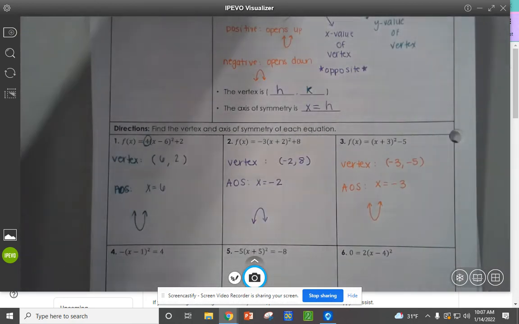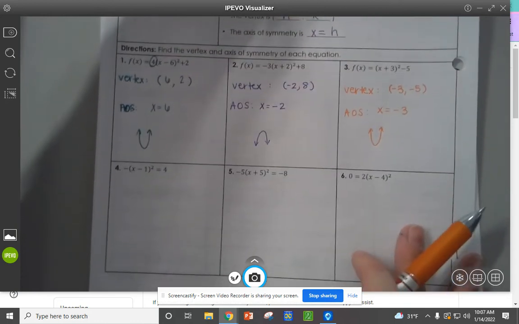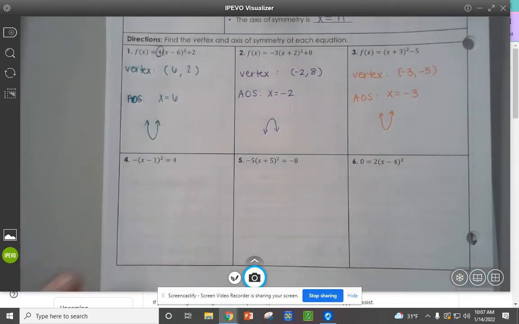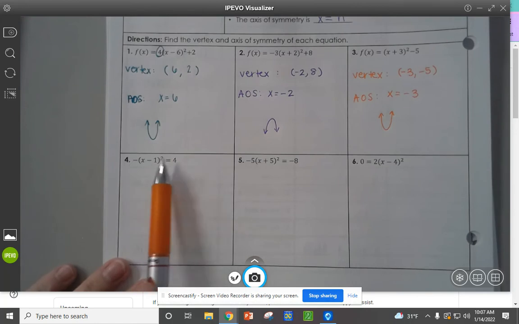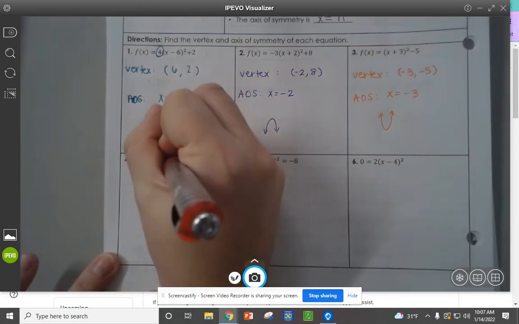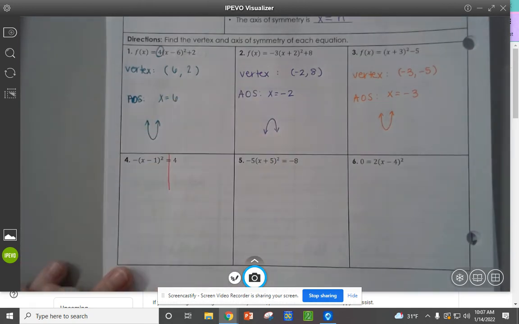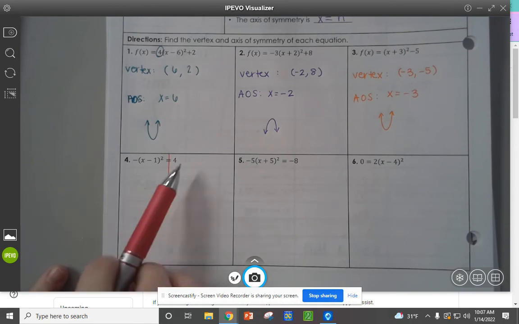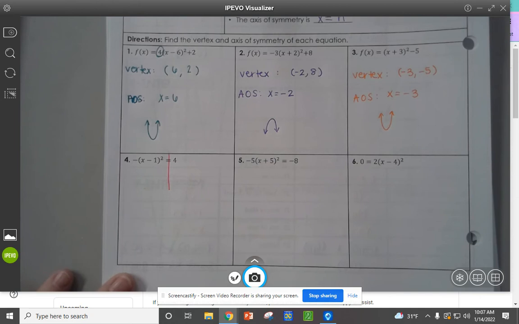Now, if we look at numbers 4, 5, and 6, those look a little different. On this one, the 4 has been moved to the other side of the equal sign. So we have to move it back before you can identify your vertex. So how would I get this 4 over there?